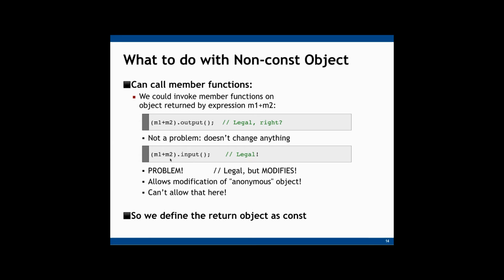However, assume that this input member function changes some of the member variables of the objects. So by calling this input member function, it changes the value of the member variable of the object returned by these plus operators.